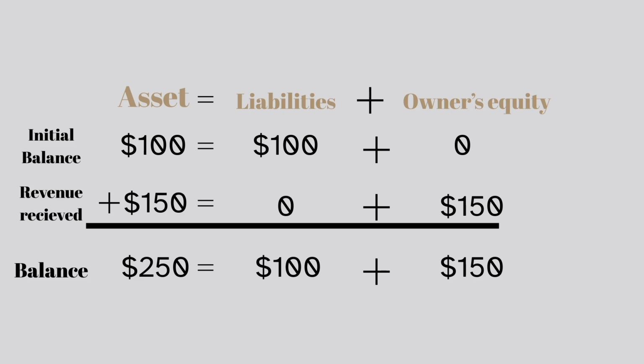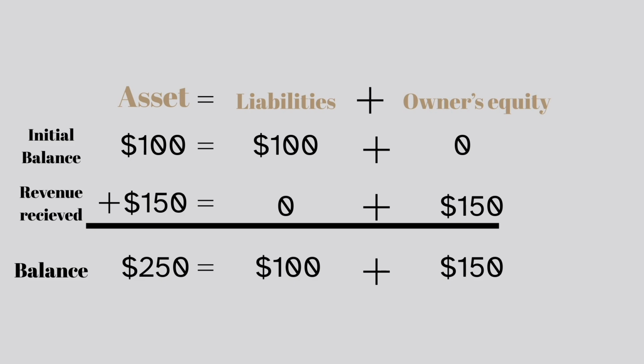And now there is no deduction to be made out of the 150 naira, so that would give us 150 for the owner's equity. And that is why our balance in our equation would now be 250 naira on the asset side, 100 naira on the side of the liability, and 150 naira for the owner's equity.